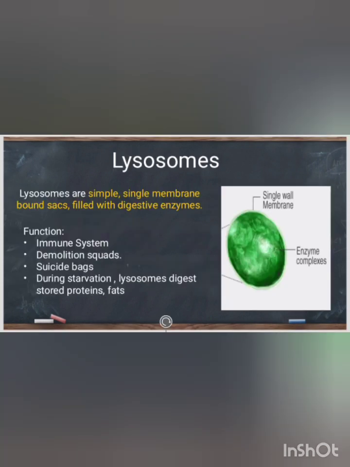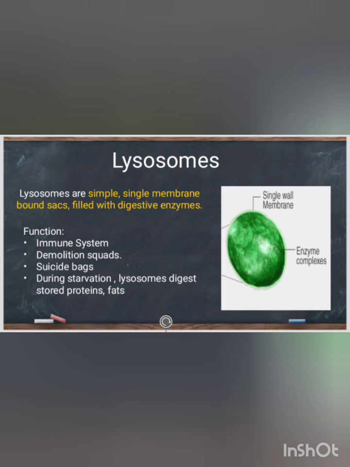Lysosomes are simple single membrane bound sacs filled with digestive enzymes. The first function of lysosomes is immune system. It destroys viruses and bacteria that attack the cell. Second function is removal of worn out organelles. It destroys worn out cellular organelles and organic debris, that is autolysis.